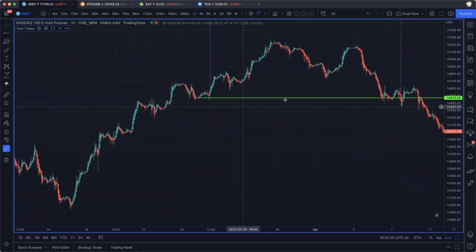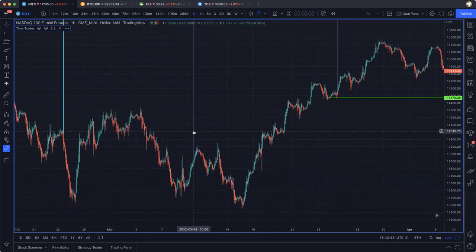So let's go back prior to the last medium pivot. In this case, we have a cheat code on March 9th, strong pump, and it had one false start on the dump before the real dump started again.